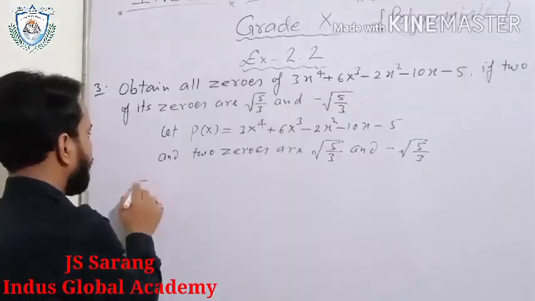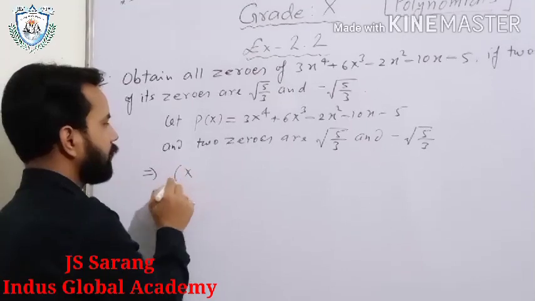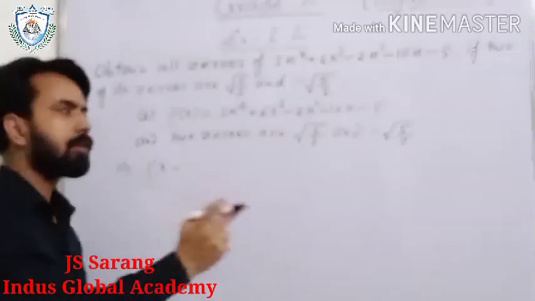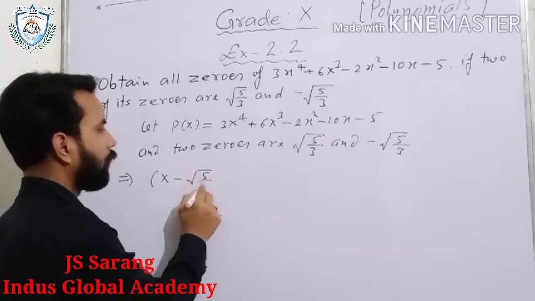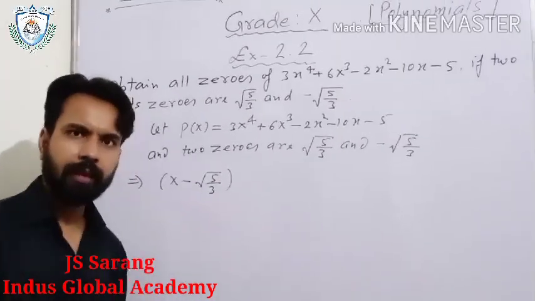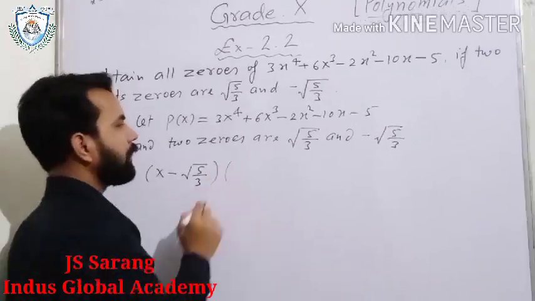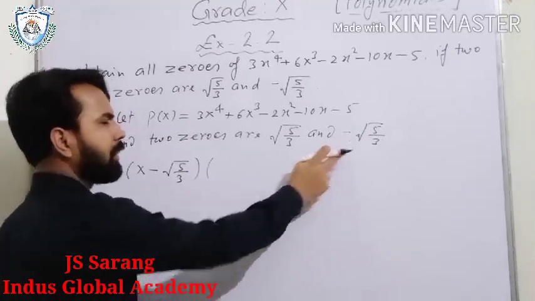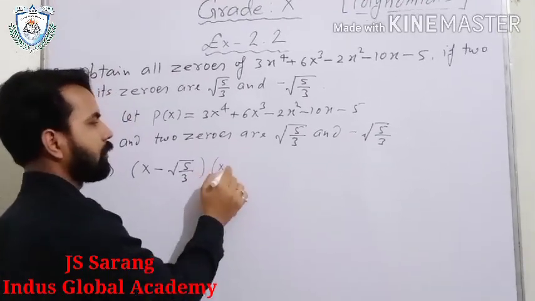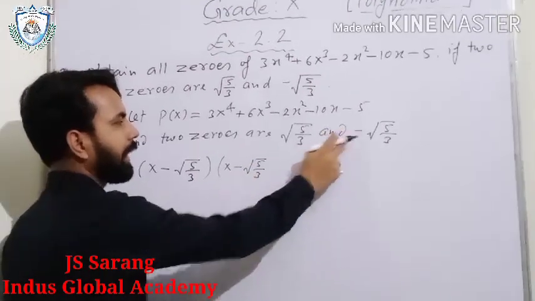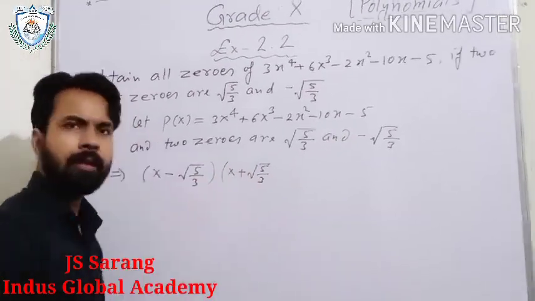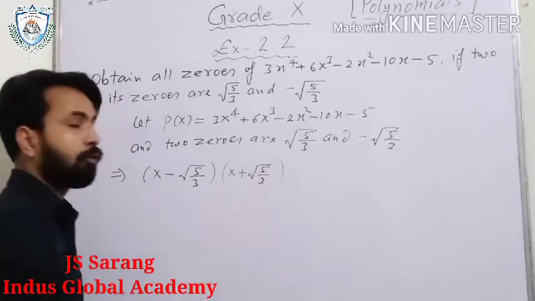So x minus the first zero, under root 5 upon 3. Is it clear? In the next bracket, we will subtract the second zero of this polynomial from x. So x minus negative under root 5 upon 3, but this is negative, so minus and minus will be plus. So what we have to do?